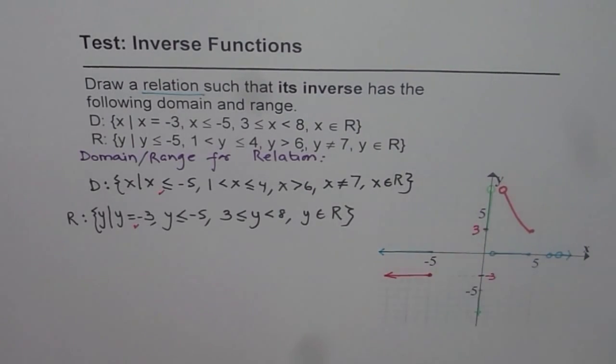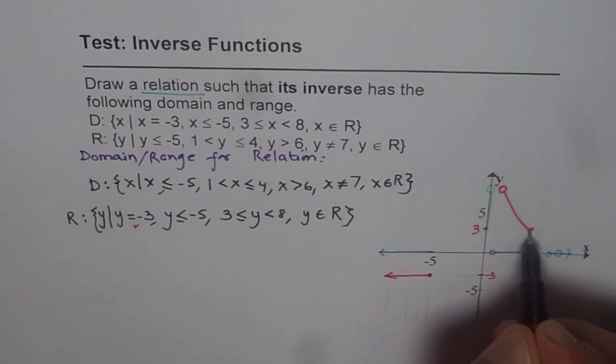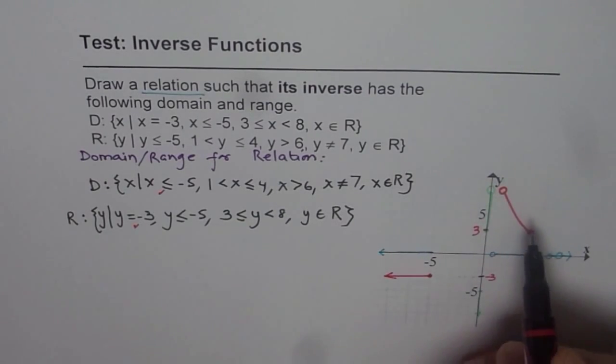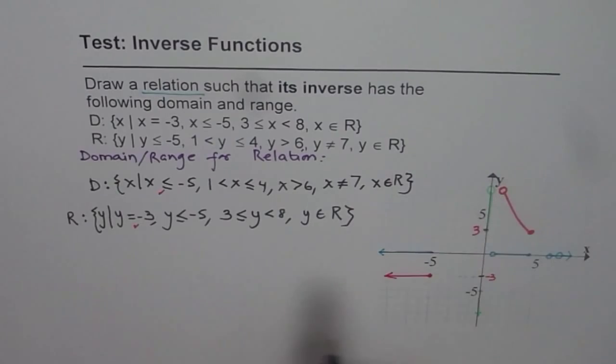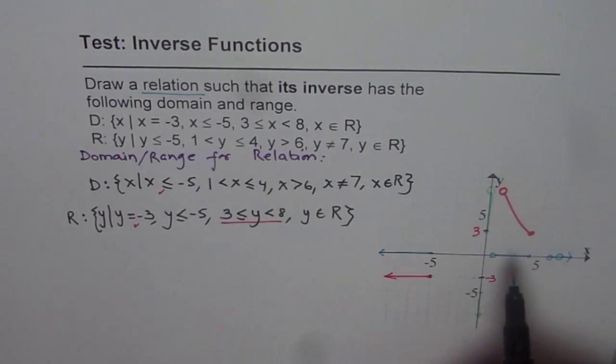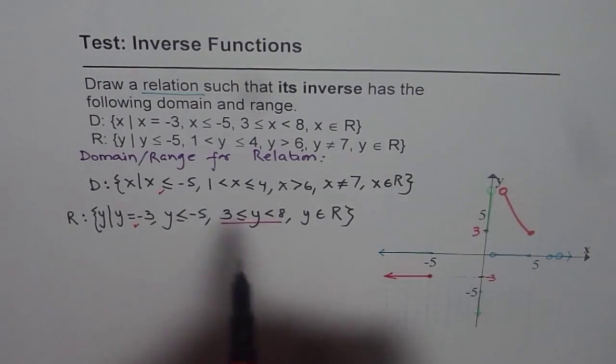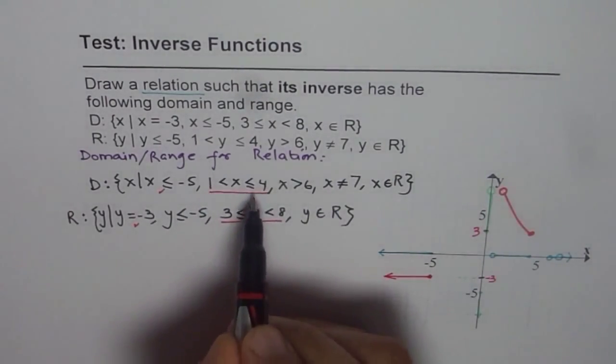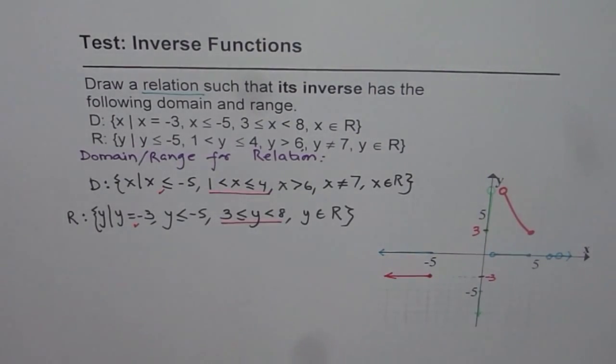What I have done by doing so is that I have included 3 and I have excluded 8. As far as the domain is concerned, I have not included 1, but have included 4. Do you see that part? So that is how I can meet this criteria.